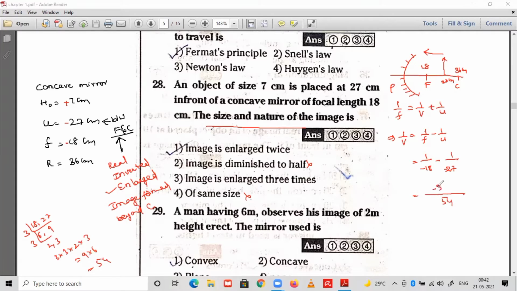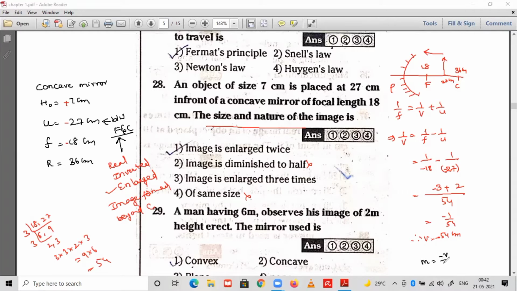Here you will get minus 3, and here minus 27 is there, so you will get plus, minus of minus will be plus. So you will get minus 1 by 54. Therefore v is equal to minus 54 centimeters.